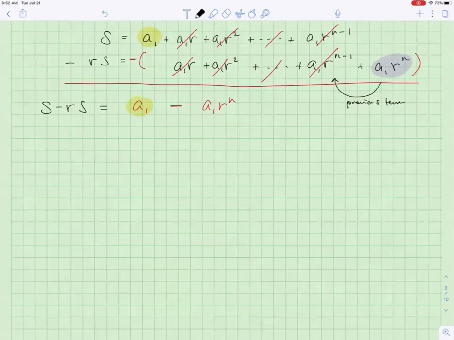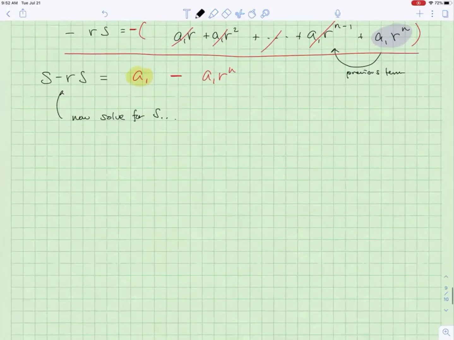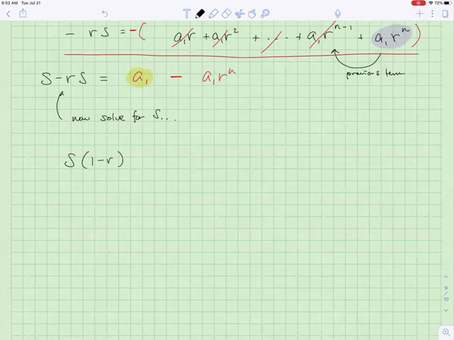Now, to find this sum, we're going to solve for S. We can factor out an S, so this is S times 1 minus R. On the right side, we can factor out an A1 and get 1 minus R to the n.